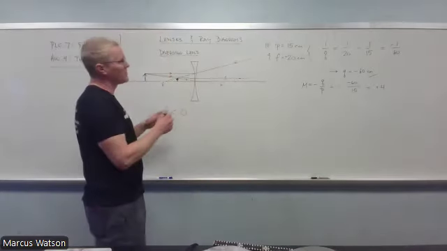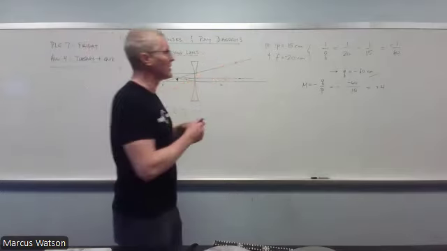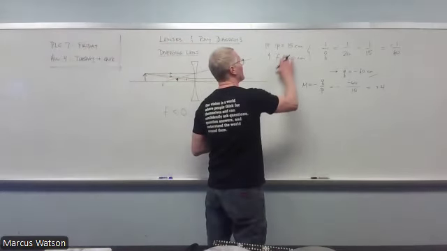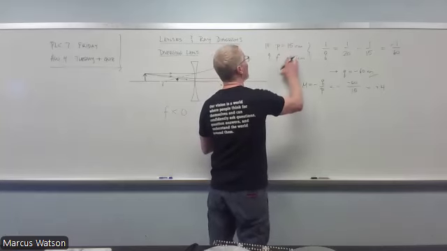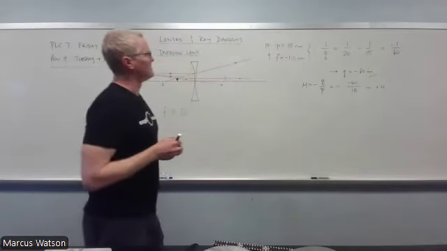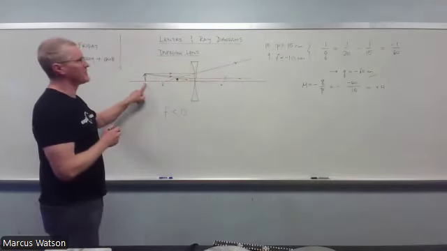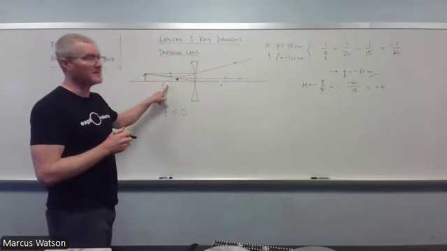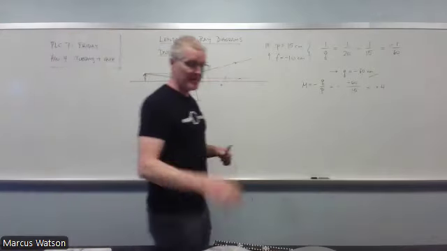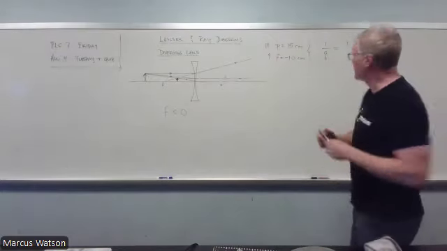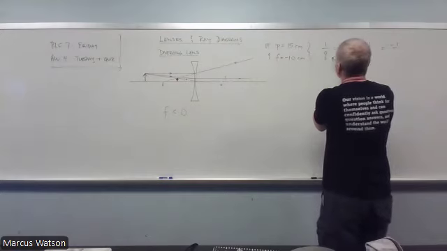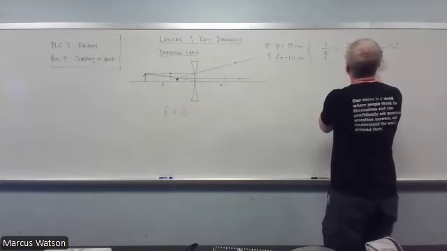So if I do the same thing as I did before, but now the focal length, well, I should probably flip these because I drew it the other way. So let's make this 10, and let's say that's minus 10. I have an object outside the focal length, but the focal length is negative 10 centimeters. So if I go through and do this, what I'm going to get here is 1 over negative 10 minus 1 over 15.